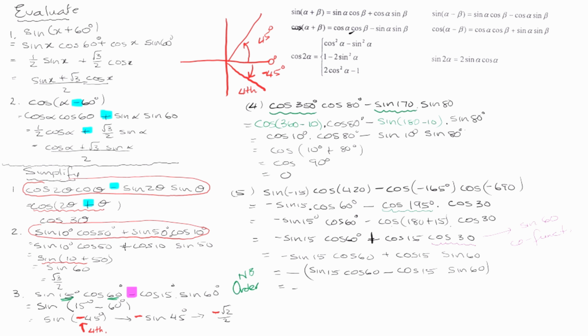Sine 15 cos 60 minus cos 15 sine 60 is sine with a negative inside, and that's going to give me 15 minus 60, which gives me a sine of negative 45, which brings that negative out because sine in the fourth quadrant is negative, times that negative is a positive, sine of 45 degrees, which equals root 2 on 2.